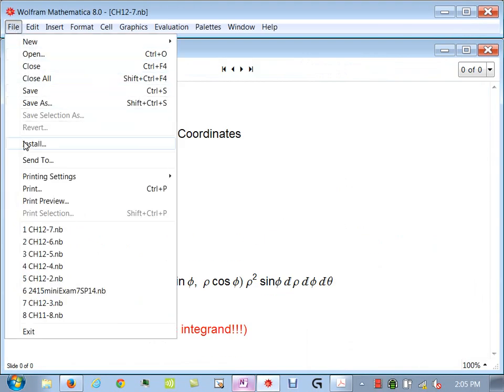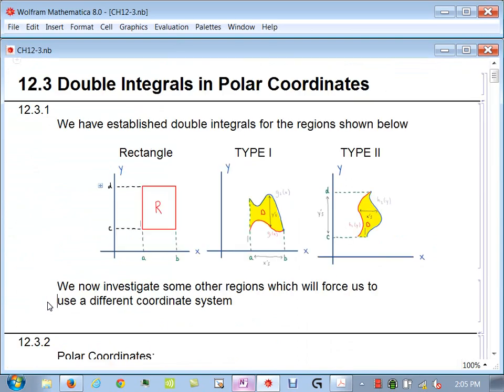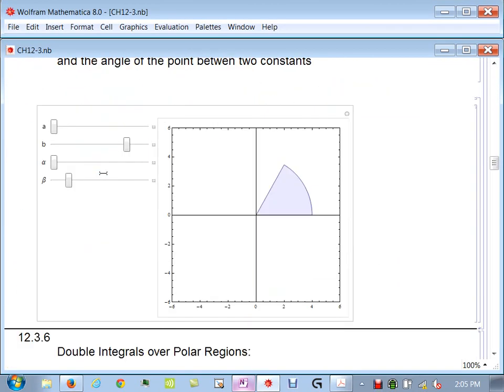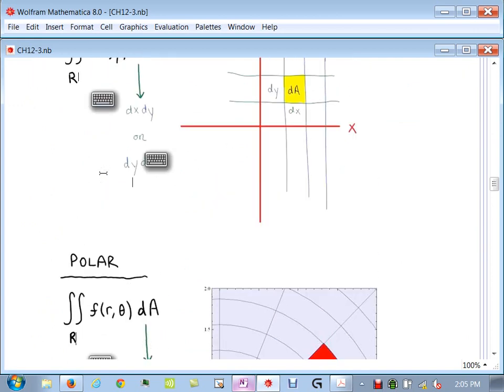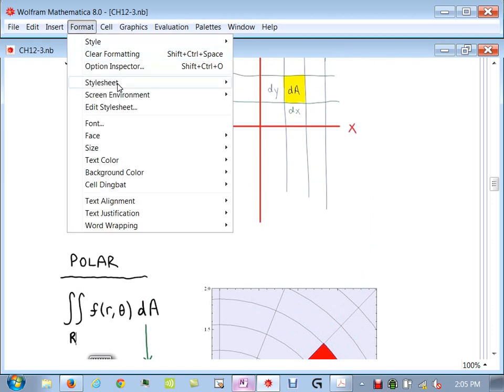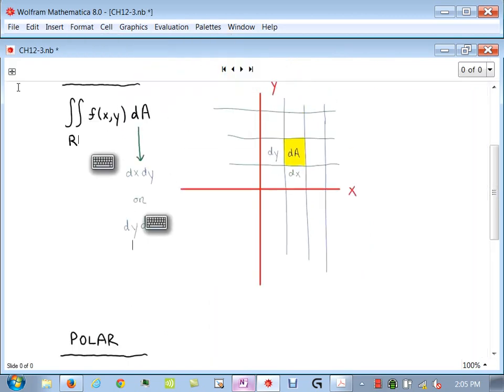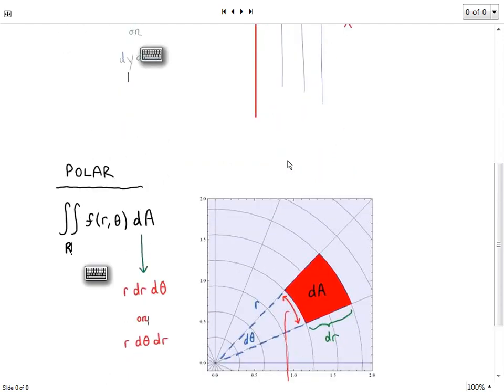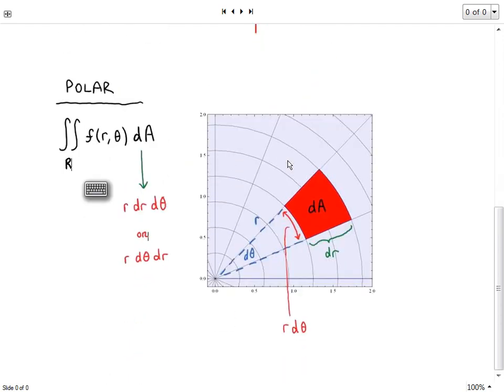I want you to see, because it's been so long, how we came up with that thing. Here was the picture. See if you remember this. I was trying to explain in double integrals where dA was just dx dy, and that's Cartesian. But in polar, the rectangle looks like this.